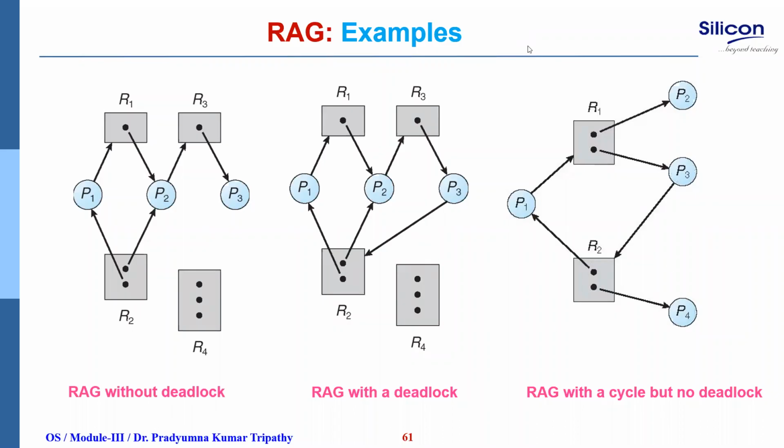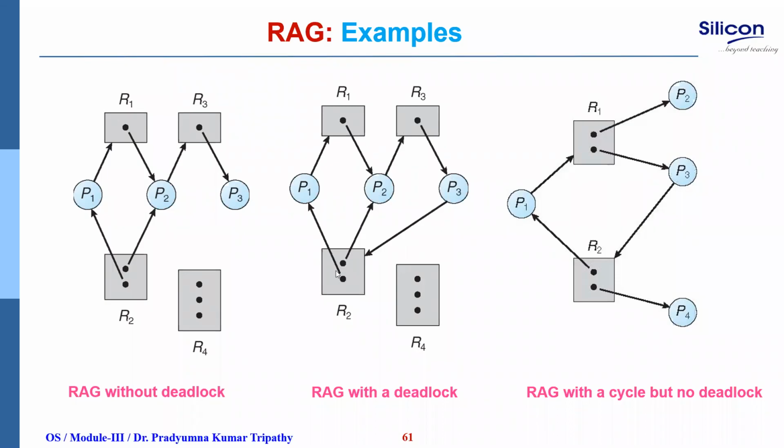Yes, sir. So why do you say it is in deadlock? Because it forms a cycle from R2 and then it returns to R2. Okay. So it forms a cycle from P1 to R1, P2, R3, P3, R2, P1. There is another cycle: P2, R3, P3, R2 and P2.